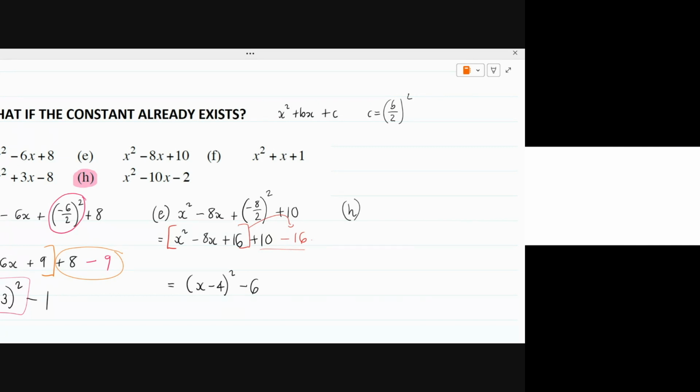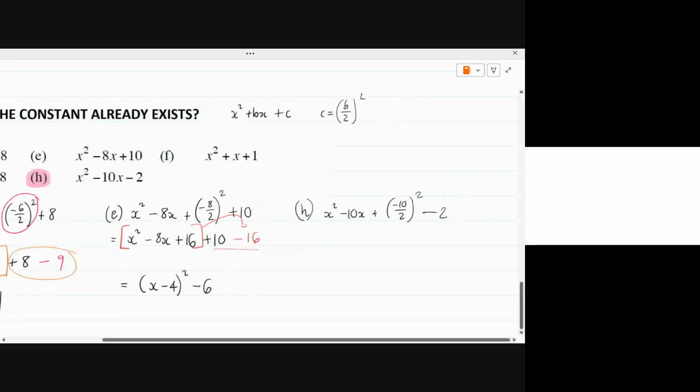That's it. Okay, let's look at it. Okay, we're going to get x squared minus 10x plus, and in brackets, we'll have negative 10 divided by 2 all squared minus 2. Don't forget that the minus 2 comes along with us. Okay, now we'll get x squared minus 10x. And over here, negative 10 divided by 2 will give us negative 5.